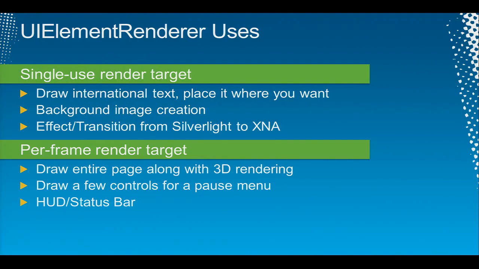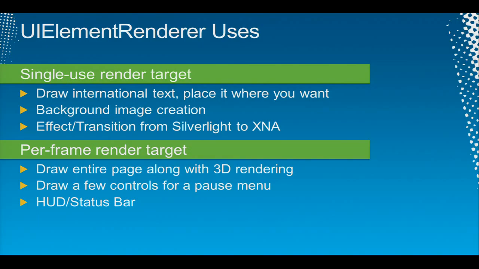From the web, it's a lot easier to bind web data to Silverlight than XNA, since there's no data binding in XNA. So you do the data binding in the background, and once it's loaded and has this data, you can just say UIElementRenderer.Texture and draw it one time.